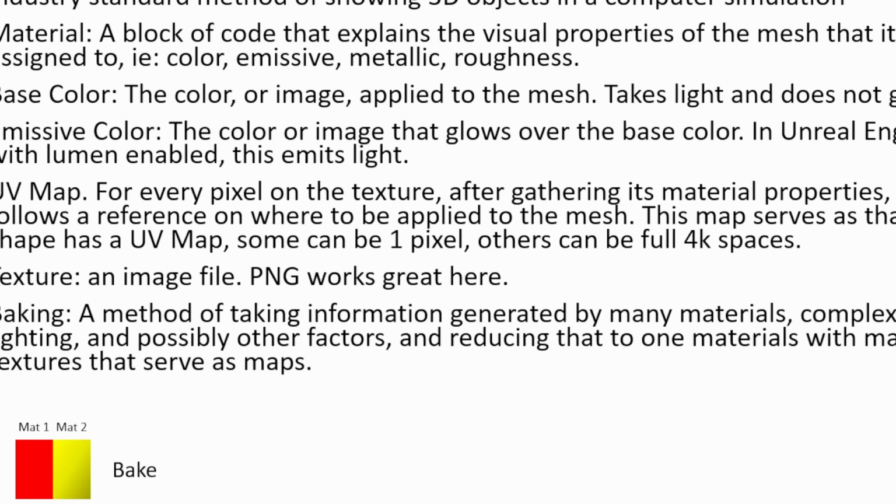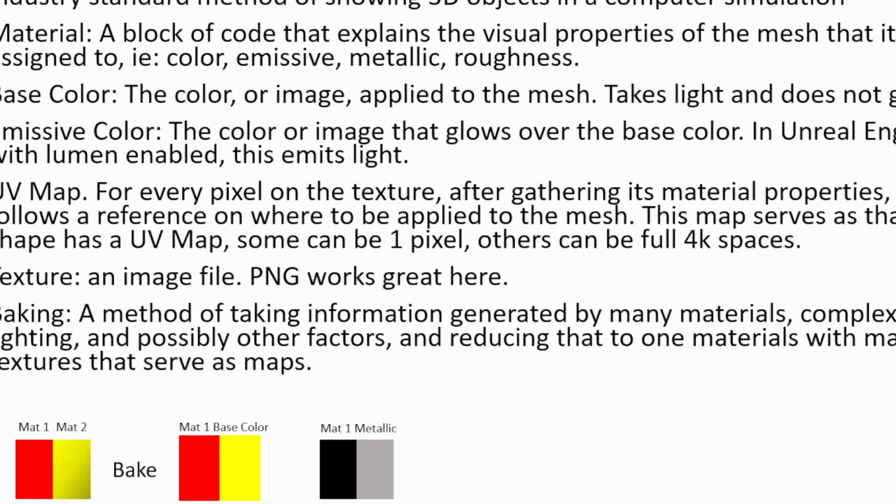So when I bake these to one material, my goal here is to get the following. I want one base color because everywhere on this cube corresponds to a flat texture. So I'm going to get this as my base color, and it's going to be red and yellow.